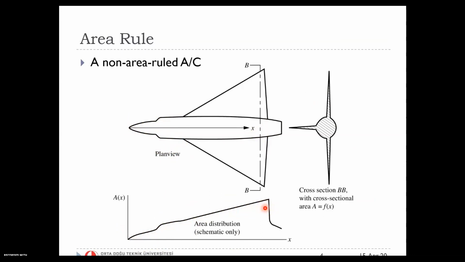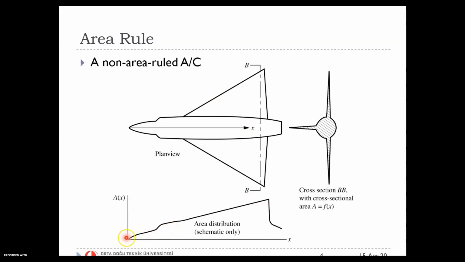Well, it was already known in the field of ballistics that a supersonic bullet or artillery shell with a smooth variation of cross-section area has better properties than those which have more abrupt changes in the cross section. So that's actually what we observe here.